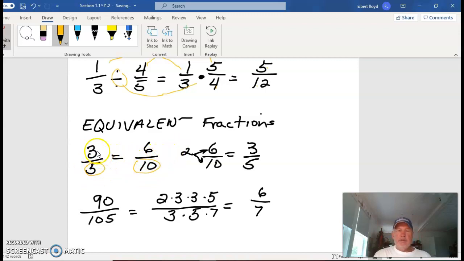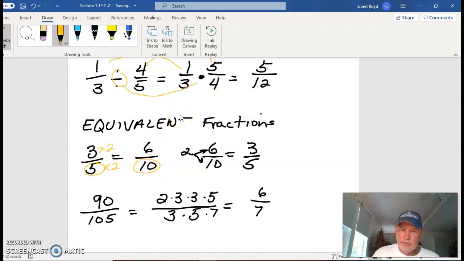So, how did we get from 3/5 to 6/10? Well, if we multiply the numerator by 2 and the denominator by 2, we would get 6 for the numerator and 10 for the denominator.